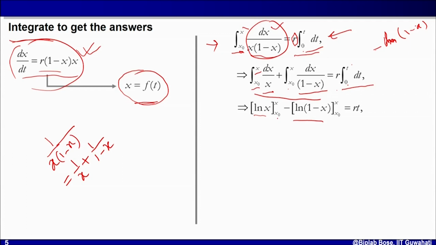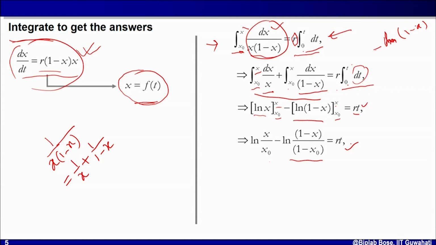Both of them we have to integrate from x naught to x, and integrating dt I get time t, so it is rt. If we move further, we can rearrange this and we get ln of x by x naught minus ln of (1 minus x) by (1 minus x naught) is equal to rt.